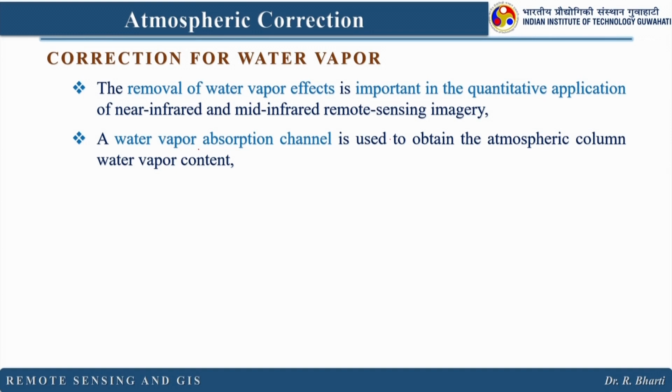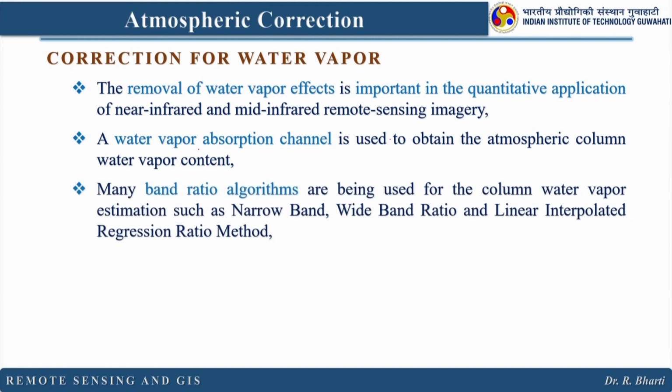That means a water vapor absorption channel, here I am talking about the bands, is used to obtain the atmospheric column water vapor content. So, what is the content of the atmospheric water vapor? That you can estimate using the wavelength bands, right.